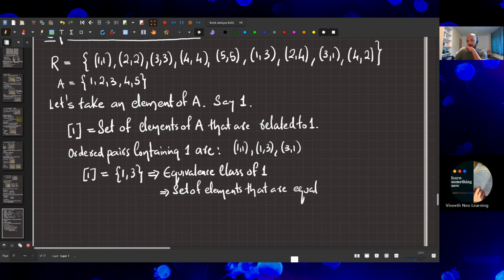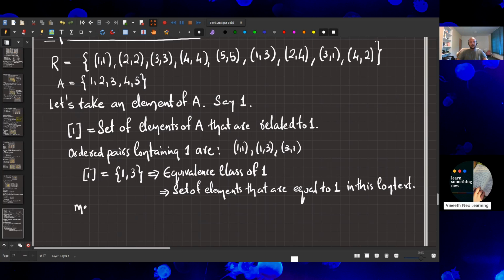Meaning, in this context 1 and 3 are the same. In what context? In the context of this equivalence relation. That is a very, very important idea.